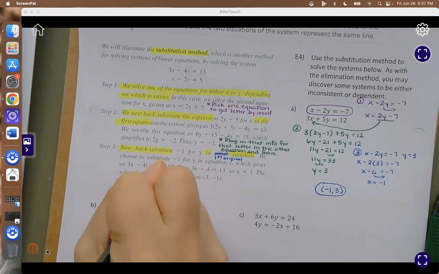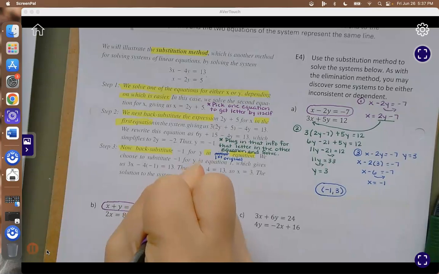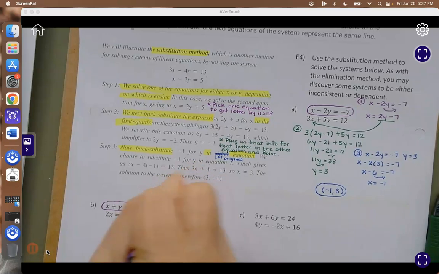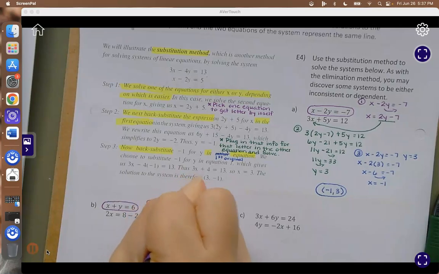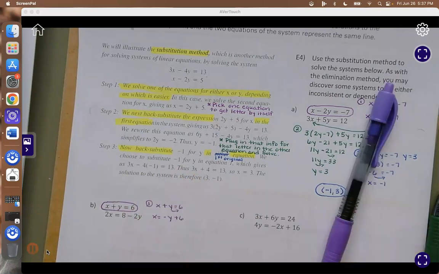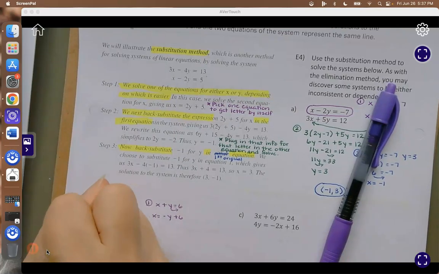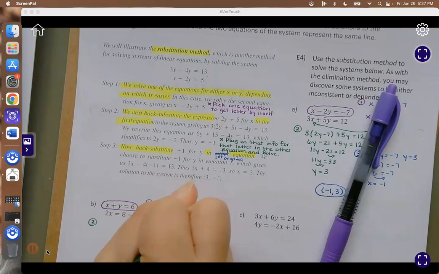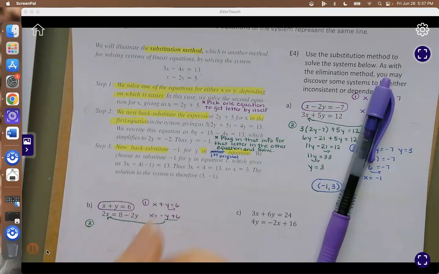So step 1, we have x plus y equals 6. We're going to move that y over. So x equals negative y plus 6. Now we're ready for step 2. We're going to take this and plug it in for x.